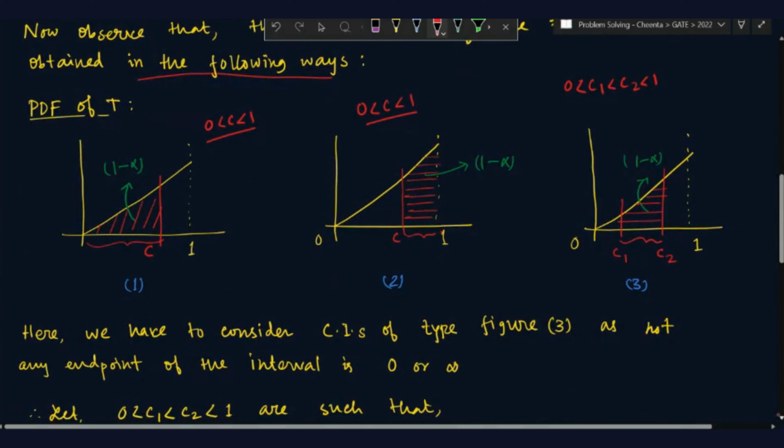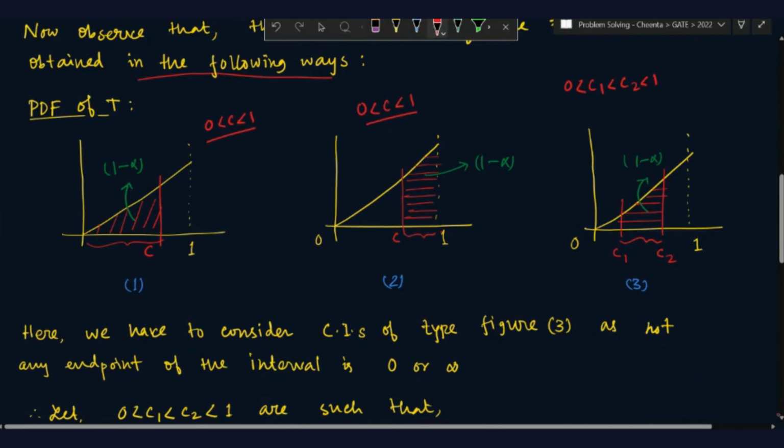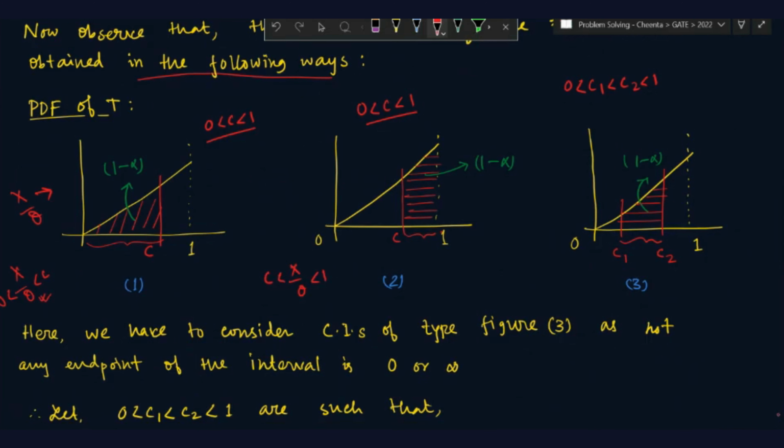So the interval will be like 0 to some c. Here, this is the distribution of x by theta. So x by theta lies between 0 to c. From that we can obtain the confidence interval of theta; similarly, for c to 1, we get x by theta less than x by c.